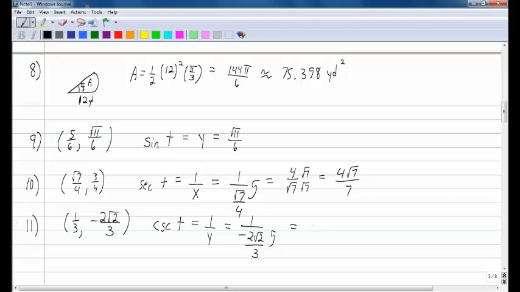Flip and multiply, that'll give me negative 3 over 2 square roots of 2. Multiply the top and bottom by the square root of 2. You get negative 3 square roots of 2 over, now, the square root of 2 times the square root of 2 is 2. Then you say that times the 2 in the front, that gives you the 4. So you have negative 3 square roots of 2 over 4.